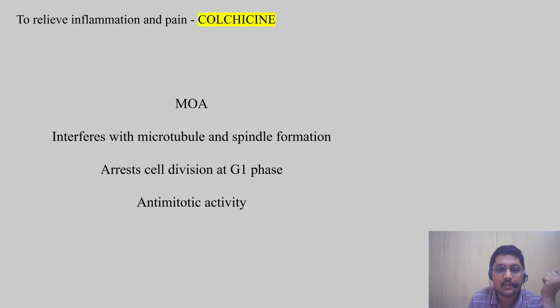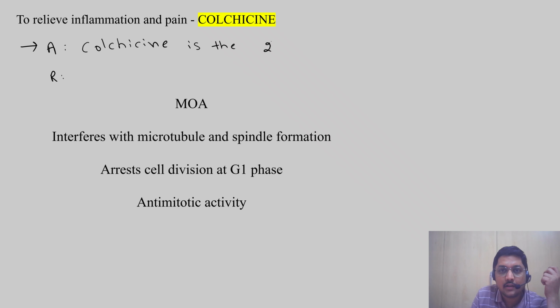So this might be asked as an assertion reason question, like: colchicine is the second line of agent for the pain and inflammation in gout.